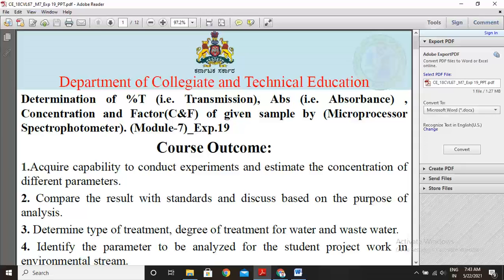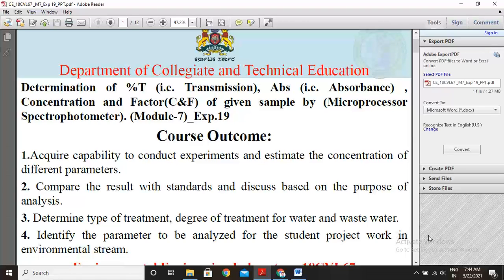Okay, this is the title of the experiment. Determination of percentage transmission, absorbance, concentration and factor of given sample by microprocessor spectrophotometer. So this is the title of this experiment.